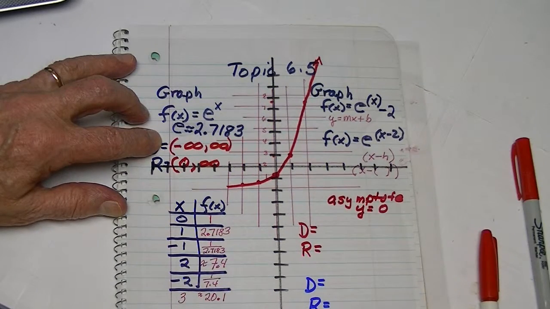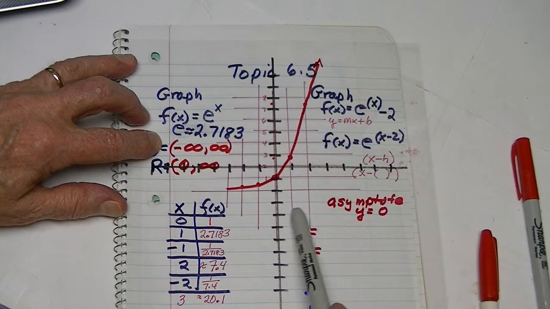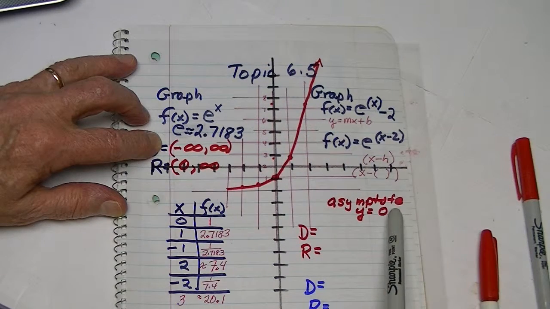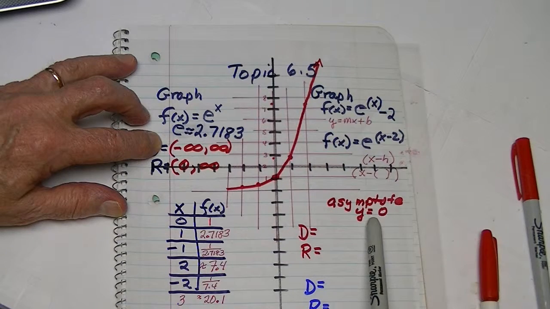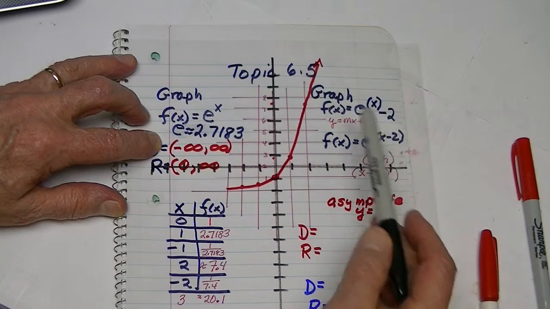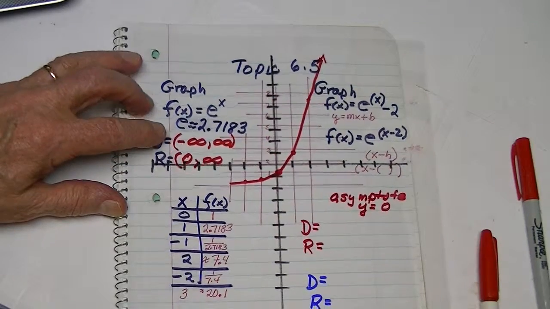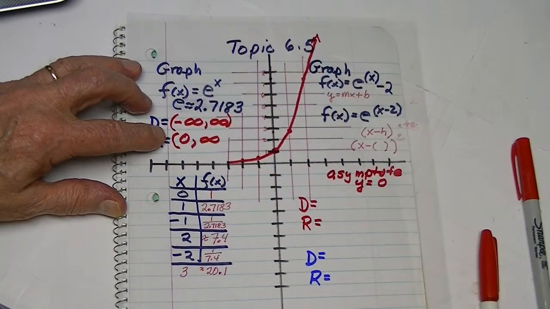So this is what the graph would look like now, with our new asymptote, our horizontal asymptote, being y equals negative 2, this one here. We've shifted the graph downward. Now, we're going to put it back in its regular form.